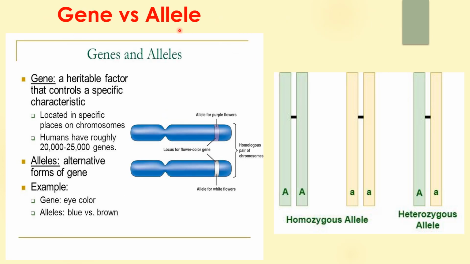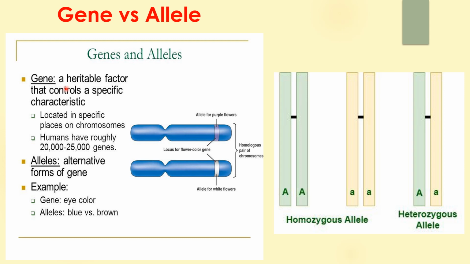Genes versus alleles. What are genes and what are alleles? Genes, as I said, are segments of DNA coding for a particular amino acid sequence, the precursor of protein. So genes are segments on DNA.